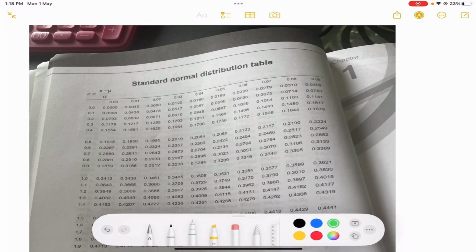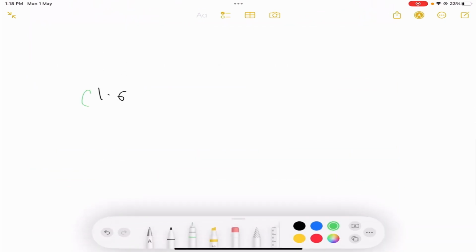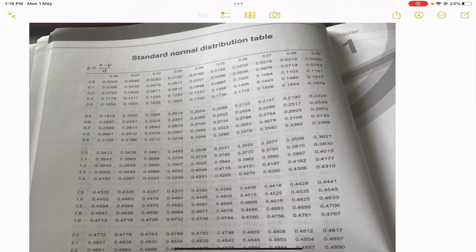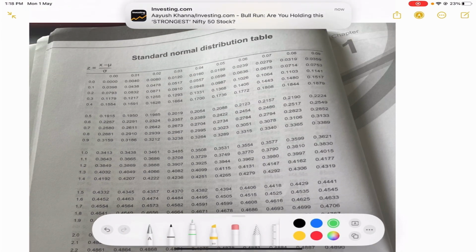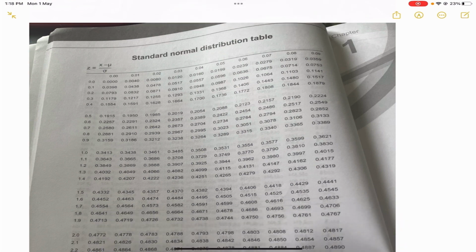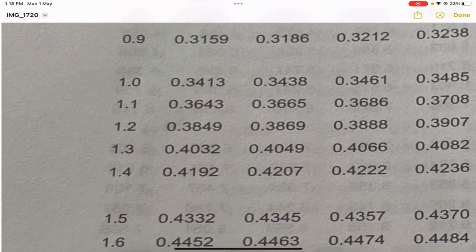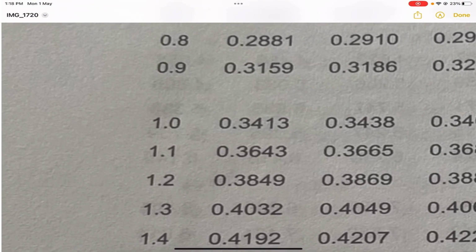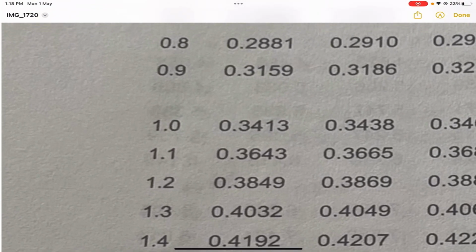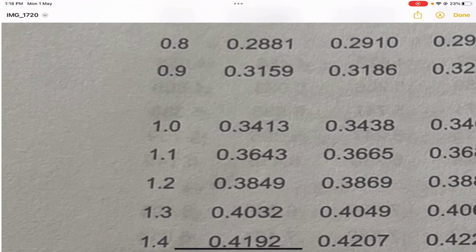Find 1 on the vertical side. Can you see 1 over here? 1.0, below 0.9 there is 1.0. So that is my 1.